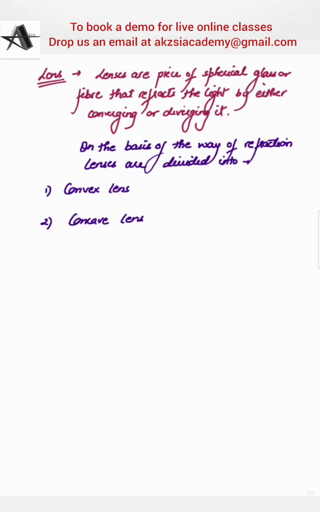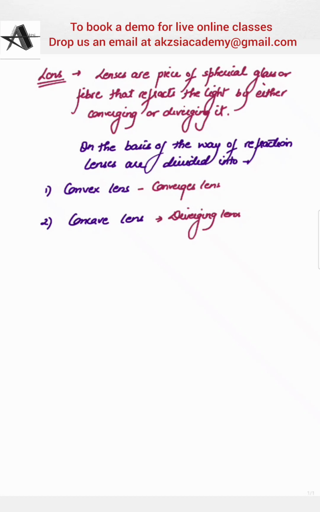You saw that one lens was converging the light, meaning making it meet, and the other is diverging, meaning spreading out the light. It's like all the rays are moving away from each other. This is the reason the convex lens is also known as the converging lens, because it converges the light, whereas the concave lens is called the diverging lens because it was diverging the light.